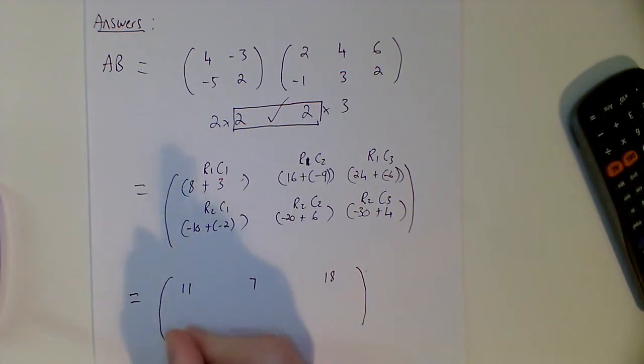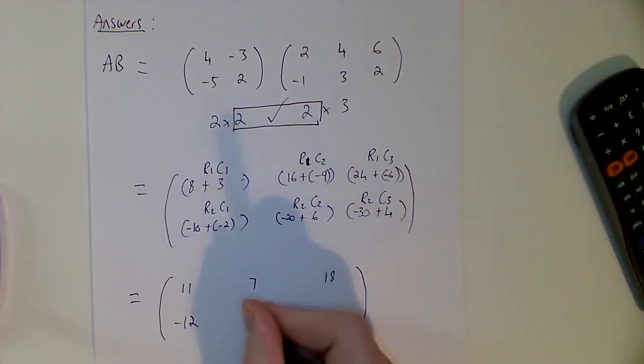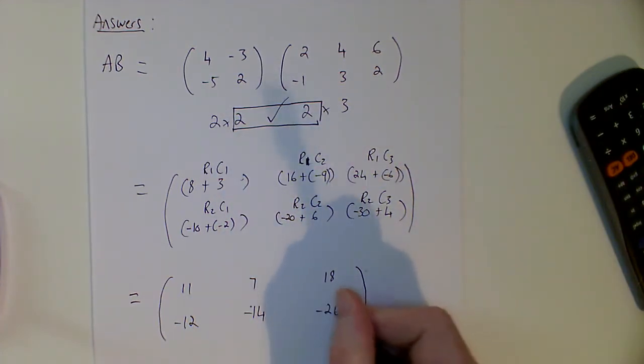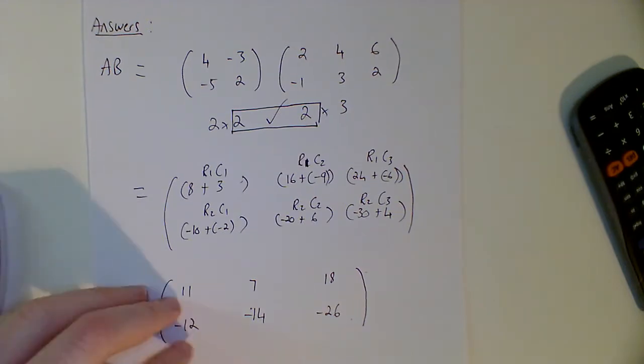Negative 10 take away negative 2 is negative 12. Negative 20 plus 6 is negative 14. And negative 30 plus 4 is negative 26. Okay, so that's the answer to the first one.